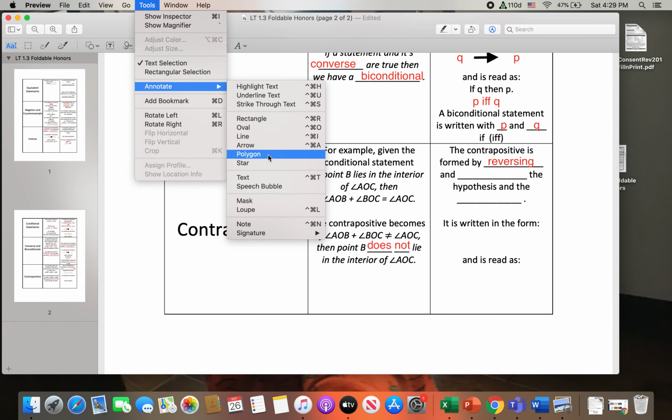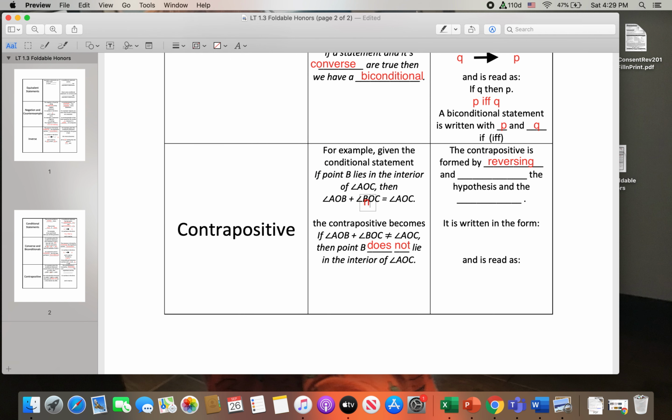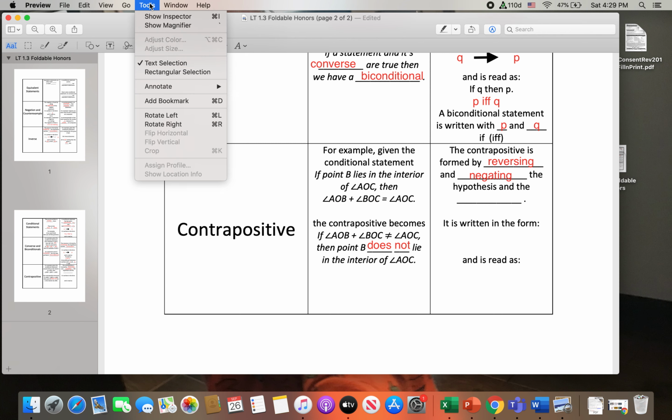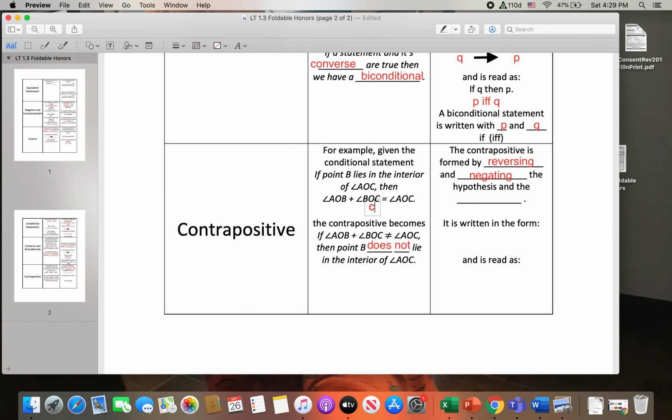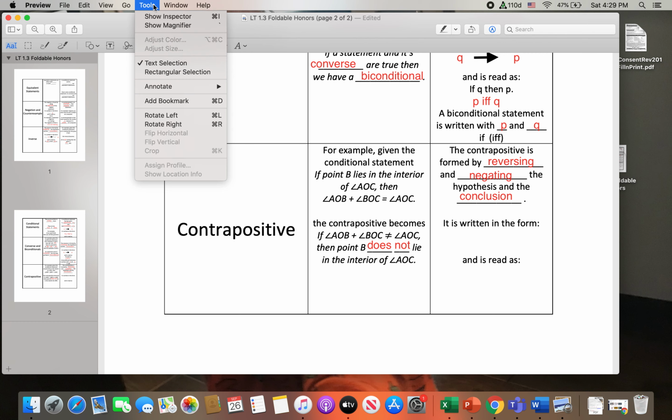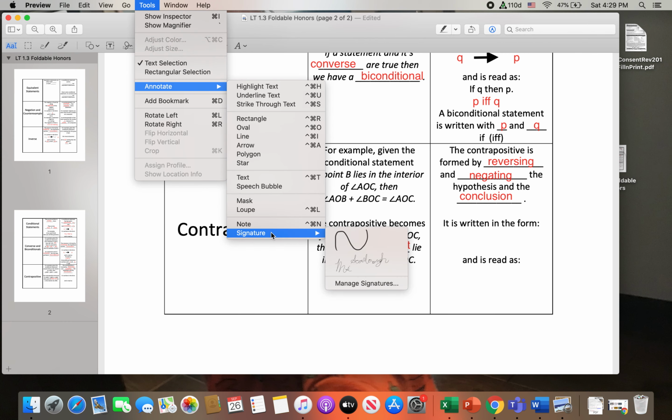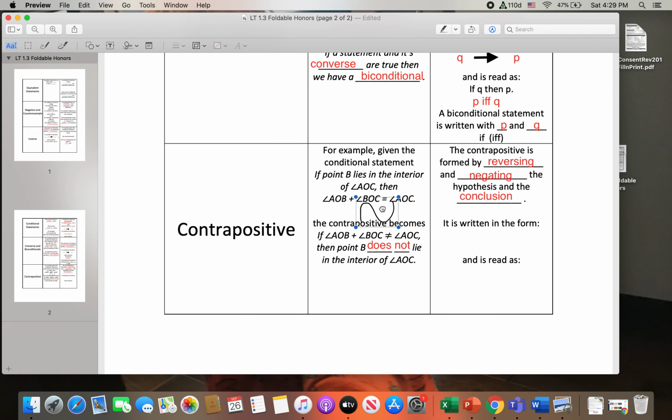And negating the beginning, the hypothesis, and the end, which is called the conclusion. So it is written with this symbol, which means not. Let's shrink it down.